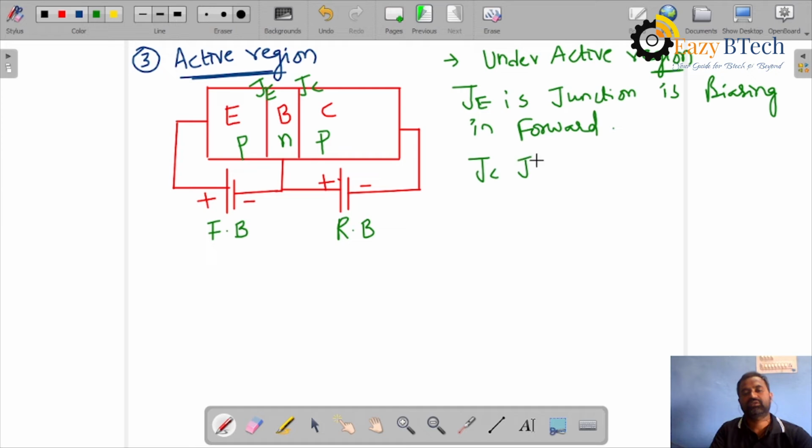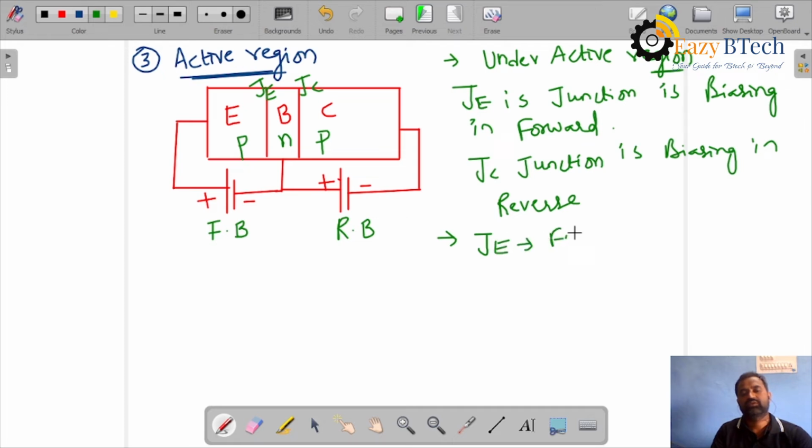The JC junction is biasing in reverse. It is JE forward, JC reverse.